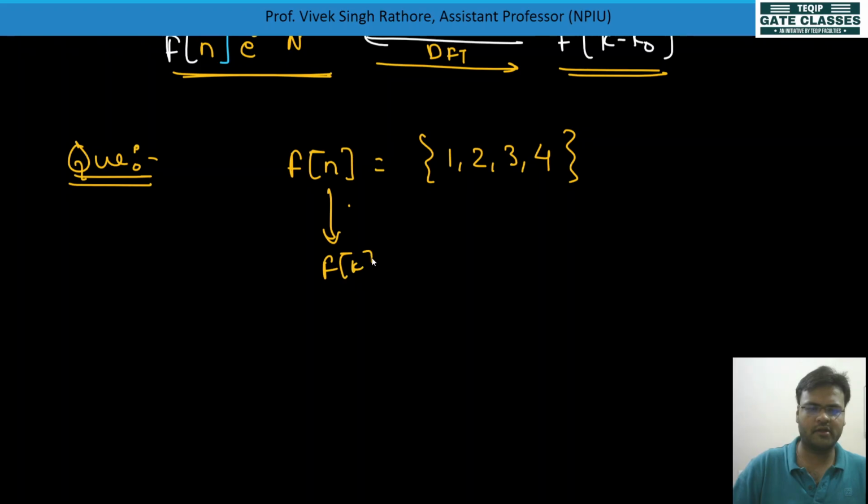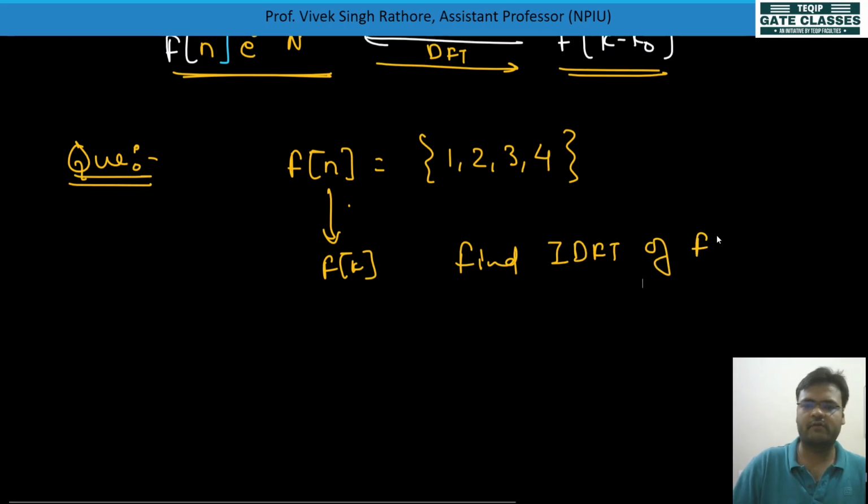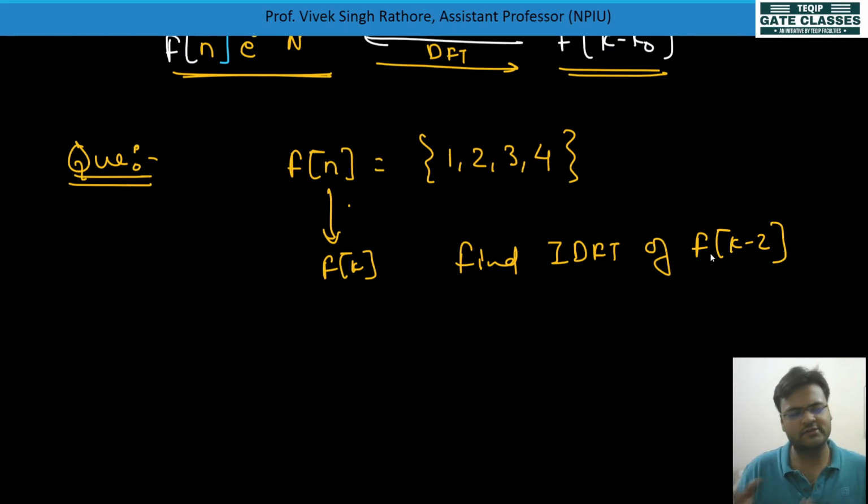If f of n has DFT value f of k, then find the IDFT of f of k minus 2. Simple. If f of n is given, and you know that f of n has DFT value f of k, then just find the IDFT value of f of k minus 2. Simple. Let's try it.